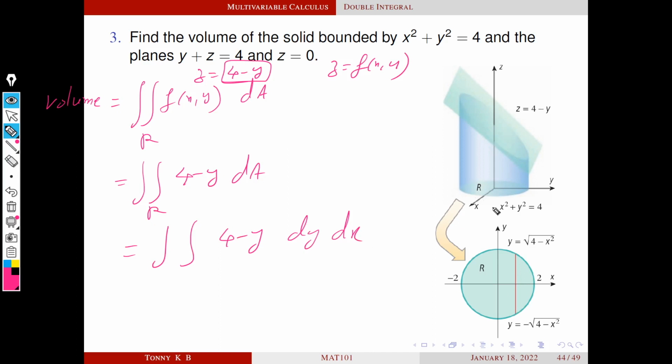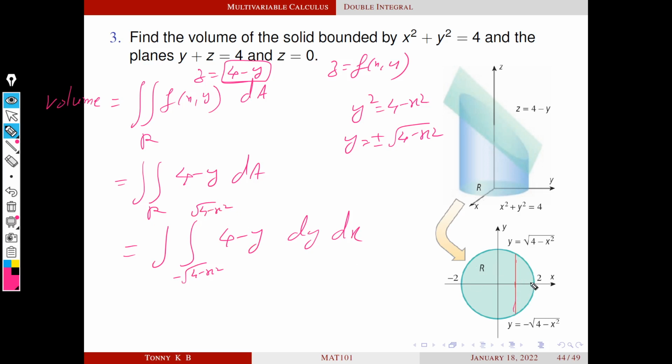From the equation of the circle, y square equal to 4 minus x square, so y is equal to plus or minus square root of 4 minus x square. Negative values of y come from the lower circle, positive values of y from the upper circle. So y is varying from minus square root of 4 minus x square to plus square root of 4 minus x square. Clear?